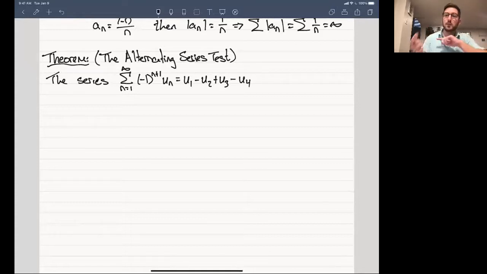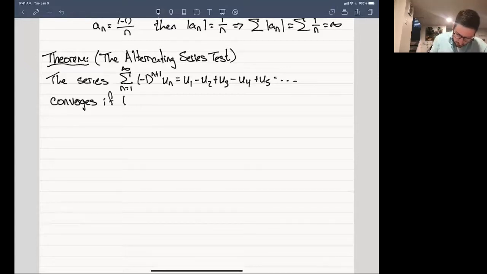So you're alternating between adding and subtracting terms in here. Well, then this thing converges if the following are true. So we have a list of conditions to check.